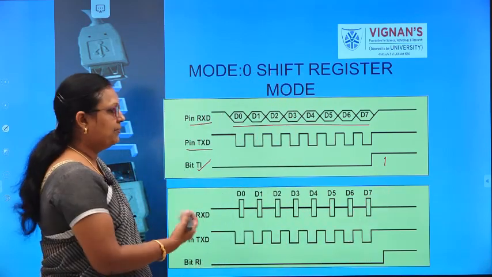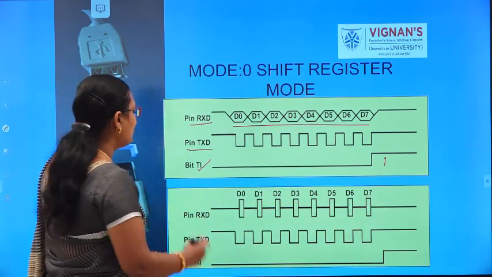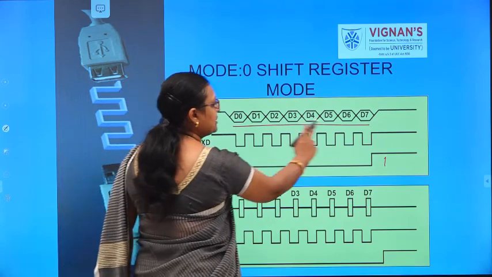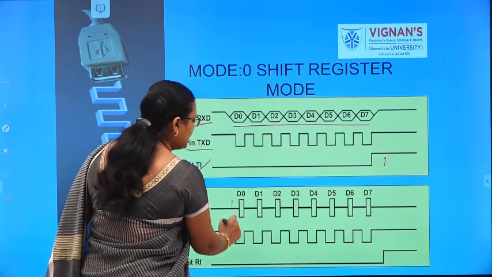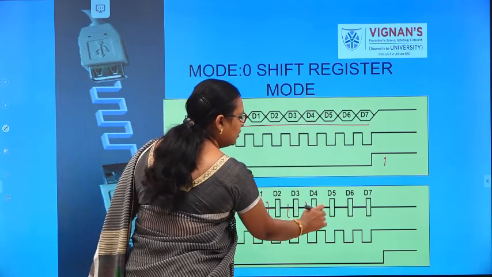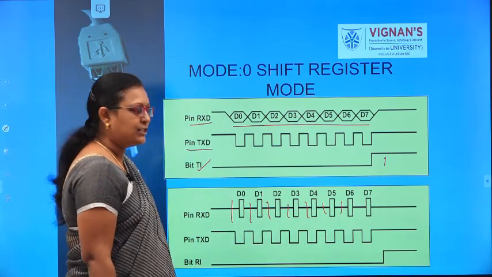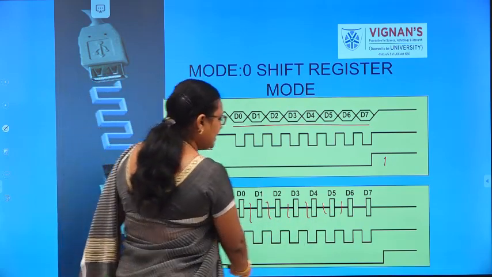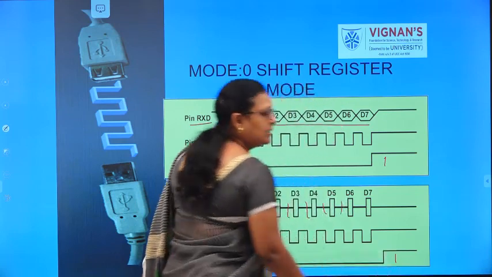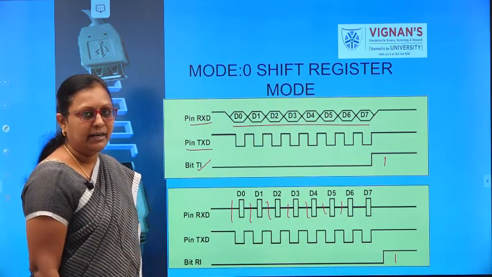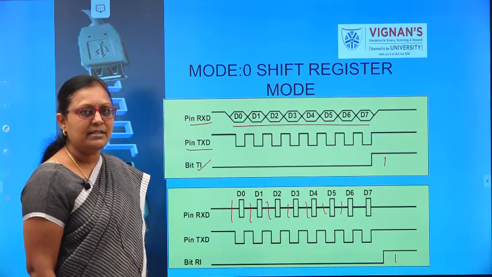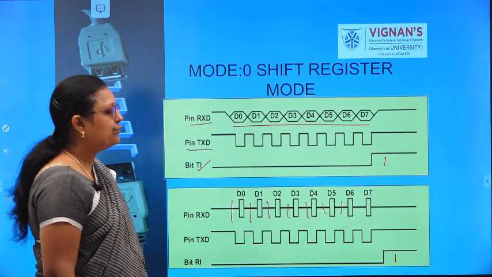All the data transmitted serially is received in parallel by using the shift register, and after the proper reception, the receive interrupt bit is also set to 1. So this is the shift register mode.